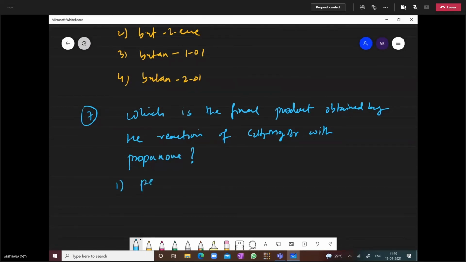Your options: pentan-1-ol, 2-methylbutan-2-ol. First, 2-methylbutan-2-ol. All of you agree with this?